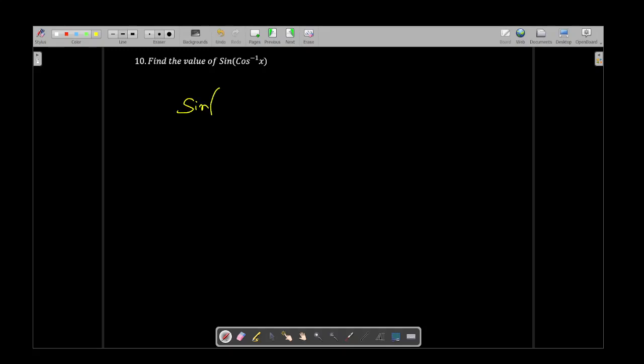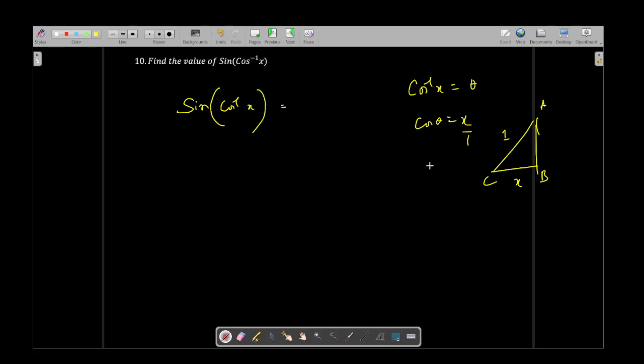Next we have sine of cos inverse of x. Let us take cos inverse of x as theta. So cos theta is equal to x by 1. If you draw a triangle, the adjacent side is x and the hypotenuse is 1. What about the opposite side? Let us take the triangle as ABC and use the Pythagoras theorem.